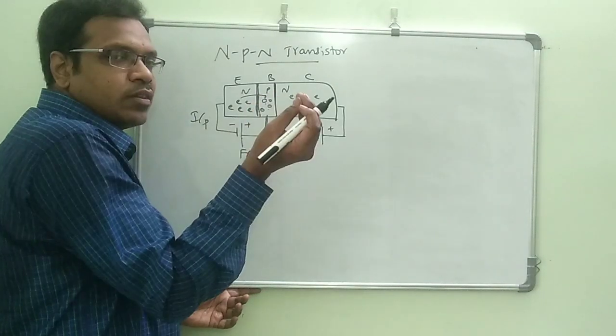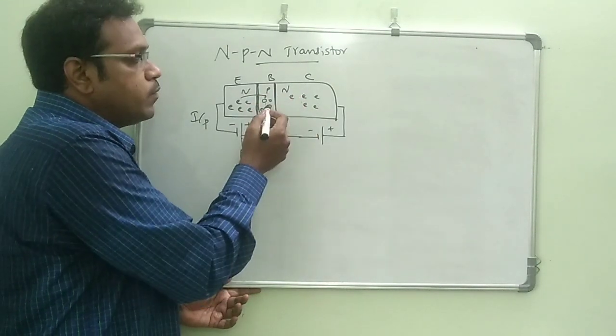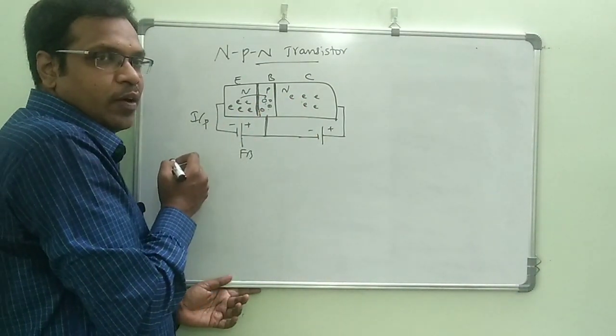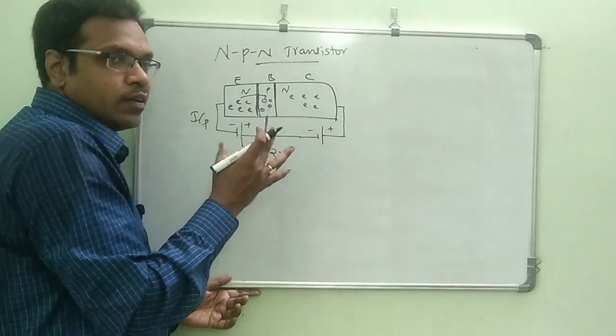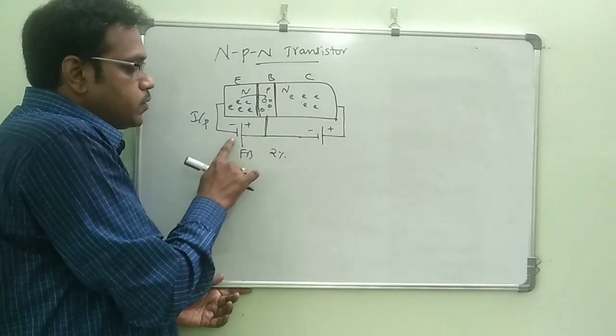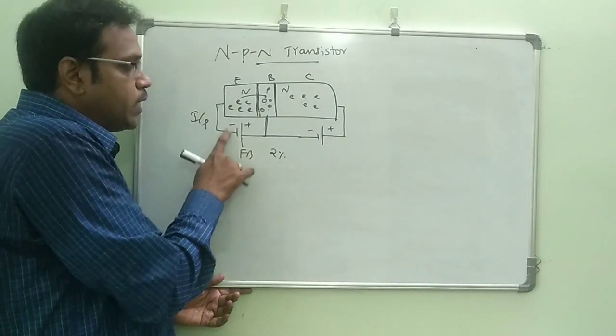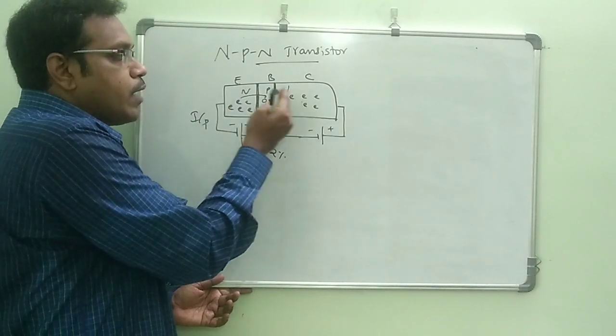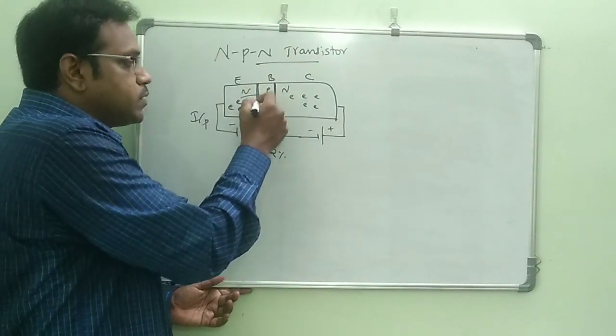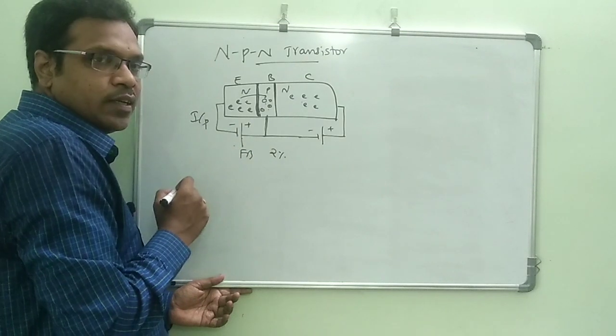A few electrons, 2 to 3, will combine with these holes, that means about 2% of the electrons. Listen carefully. This is forward bias, with negative repulsive force. So 10 electrons started traveling, and they can easily cross this junction because it's forward bias.